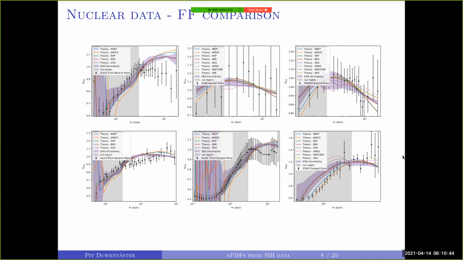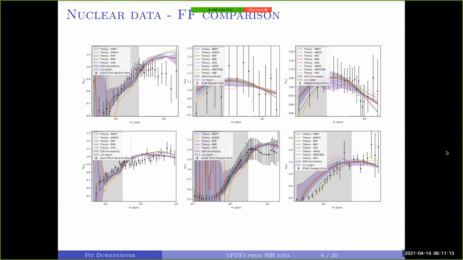And we also see that the fragmentation functions of DSS, BKK, and KKP match up almost exactly, while NNFF and JAM20 are mostly very close to them, but in the high pT region for neutral pion production, they are slightly outside of the uncertainty bands that are calculated from the DSS eigenvector sets.